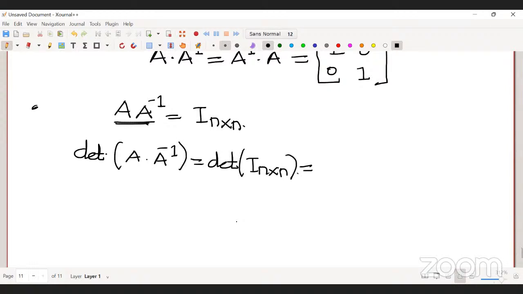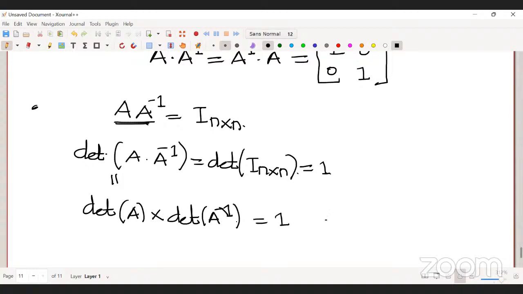One, sir. This is 1. So if I simplify this, what will I get? The determinant of A into A inverse is equal to 1. That means the determinant of A inverse is what? The reciprocal of the determinant of A, basically 1 by determinant of A.